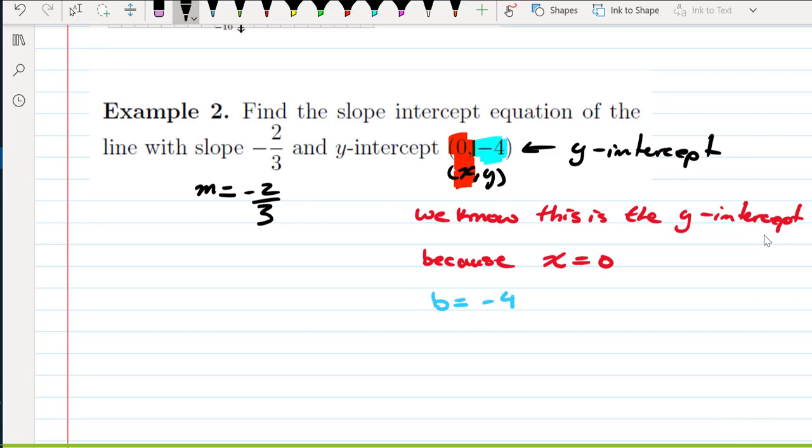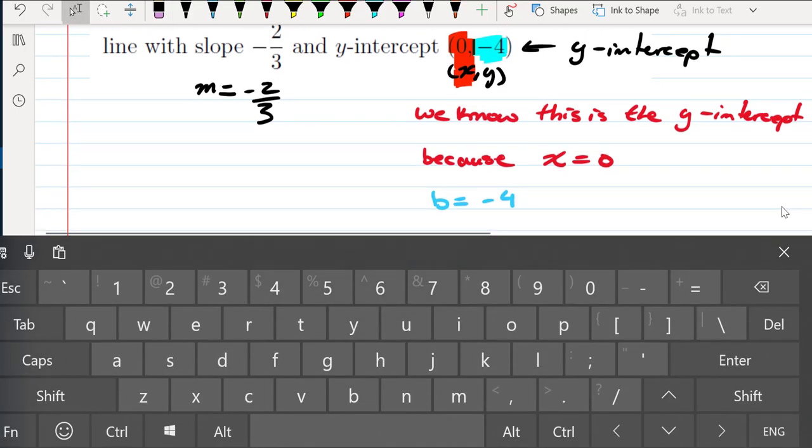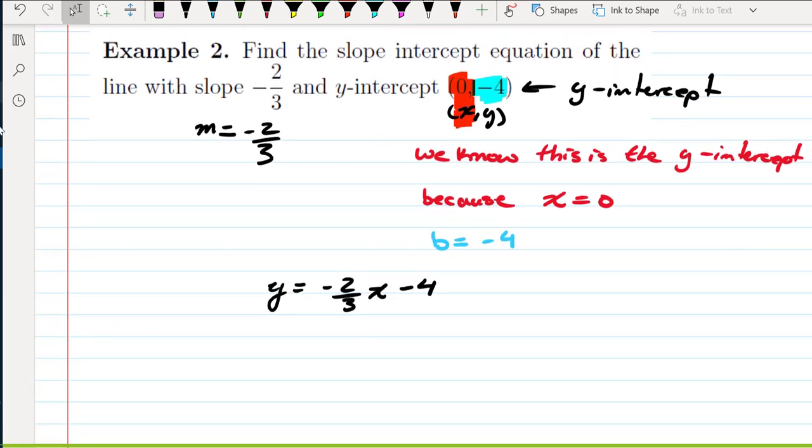Well, and if we know m and b, then our answer is just y equals -2/3 x take away 4. So when we're given explicitly the y-intercept, we just drop the two values directly into the formula and we are done. So those are pretty nice.